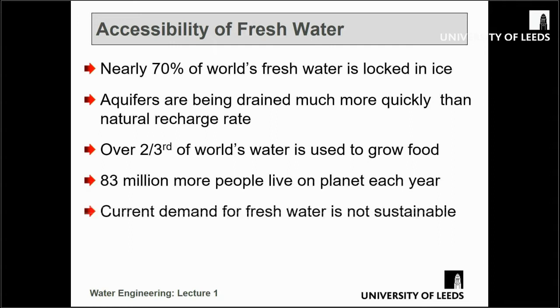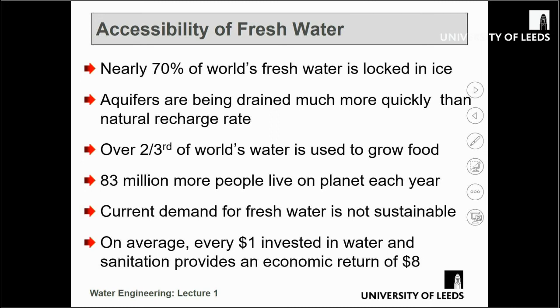There's a lot of people that say that the current demand for fresh water is not sustainable. Well, that will be part of your job when you get working. Good thing for civil engineers. So what I'm saying is that water is really important.